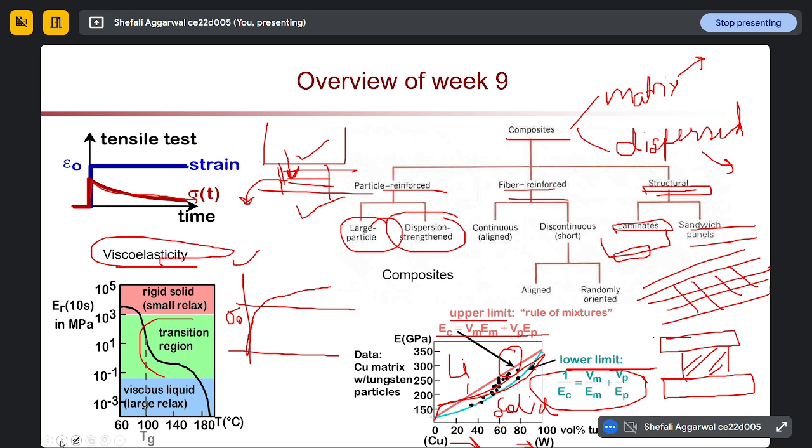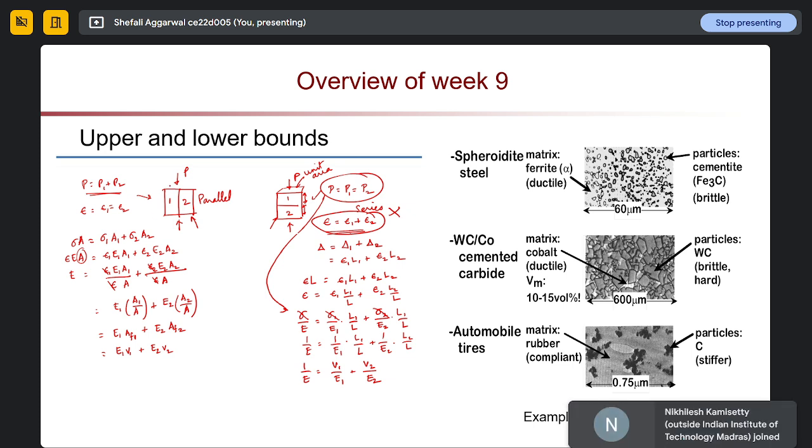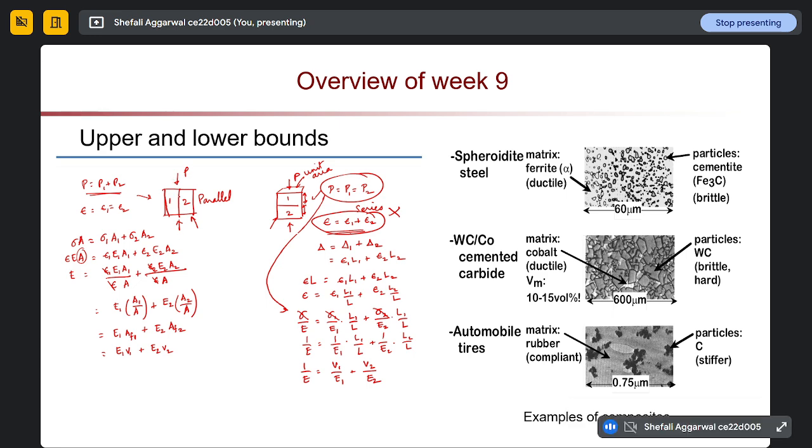To understand this clearly, at the upper limit our materials are in parallel form and we are applying load on both ends. So the complete load is distributed to both panels. So P is equal to P1 plus P2.